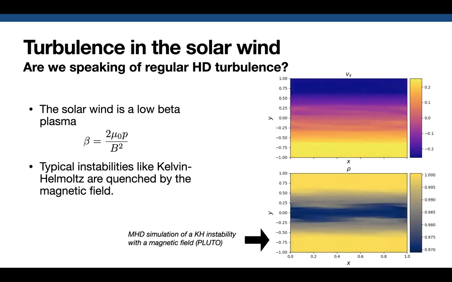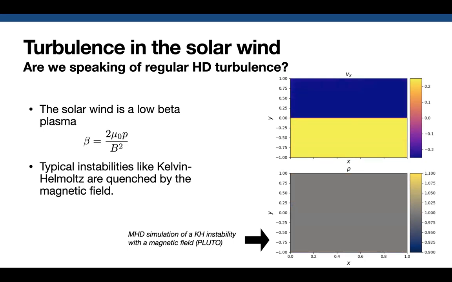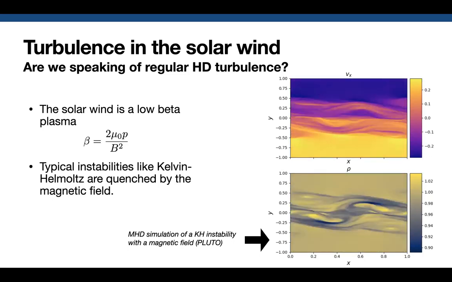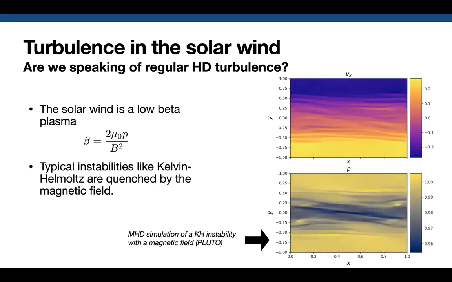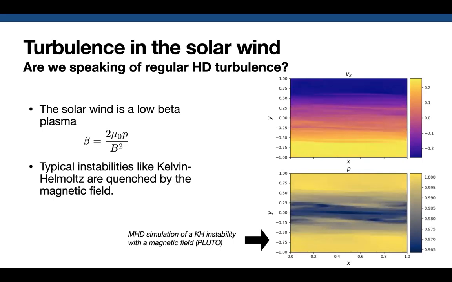What is funny with this movie is that you kind of see the turbulence starting and then being stopped by the magnetic field. So in principle, as I said, at least in the inner heliosphere, we are not expecting to have typical, regular HD turbulence.